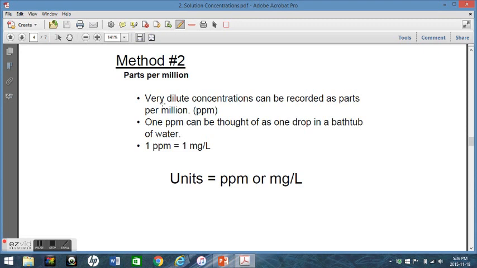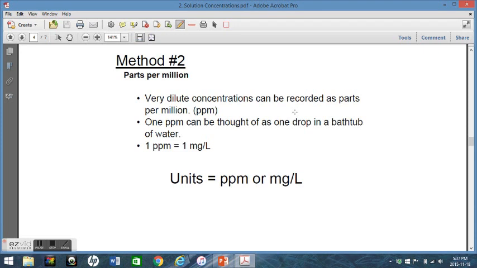The reason that we use parts per million, we'll get to it later and show it mathematically, but parts per million is a way of measuring something that has a very small, generally even molar concentration.